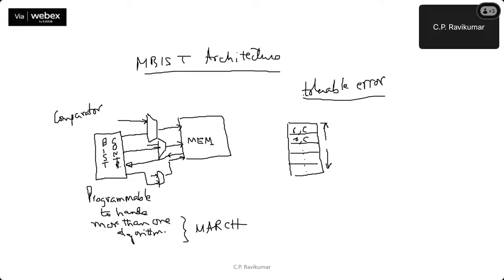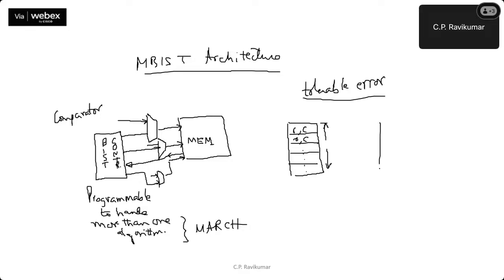So the rejection is based totally on the application. When errors are detected, they will note down these rows and columns where the errors are. One thing is to tolerate the error, the other may be to repair that error in some way.